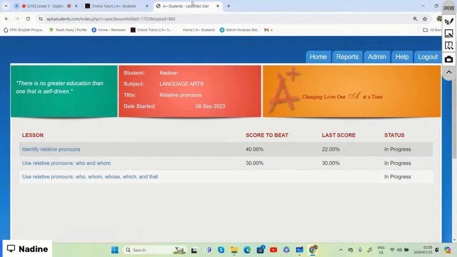All right. So this is a continuation of our previous lesson, which is also relative pronouns. Today we're going to finish off the rest of the lessons.